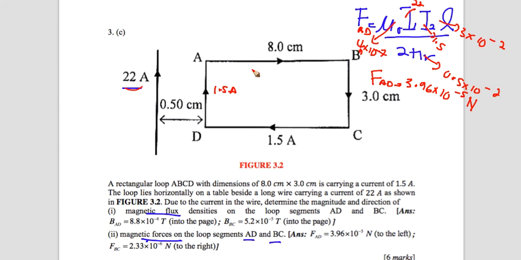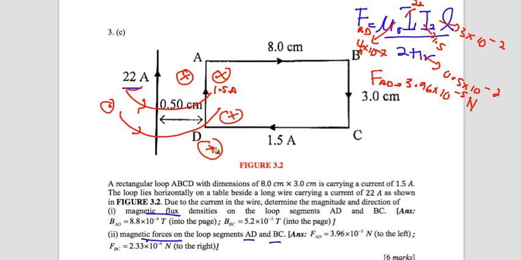And the direction? How can you find the direction? The force on AD is 3.96 times 10 to the minus 5. To find the direction, first consider the magnetic field produced by the 22 ampere straight wire. It is outward on one side, and at this part it is into the page.